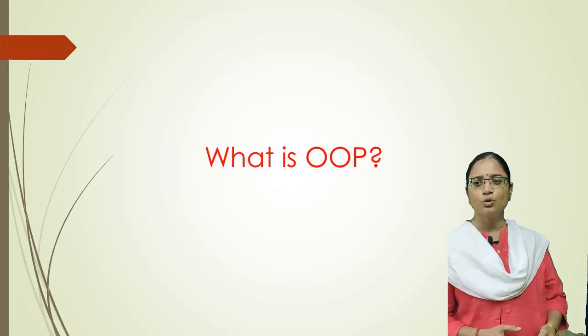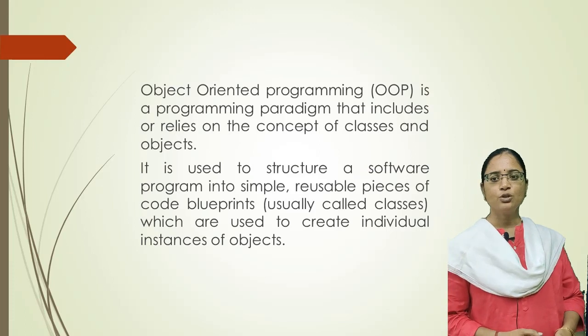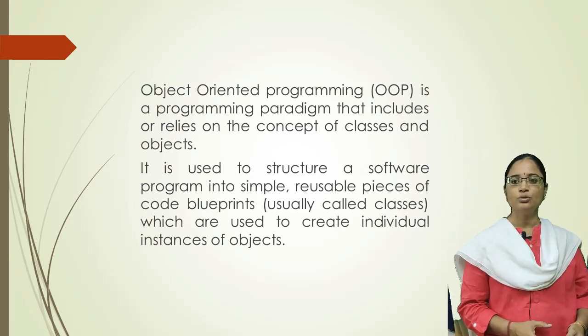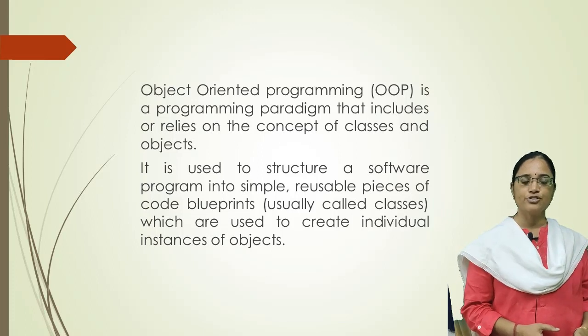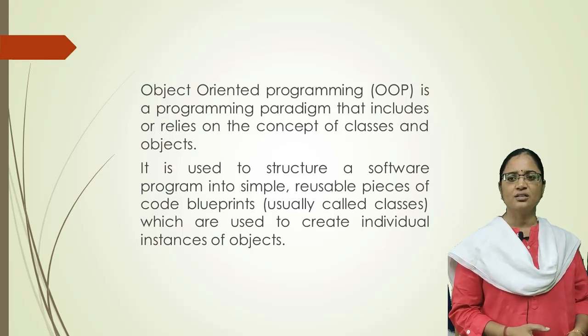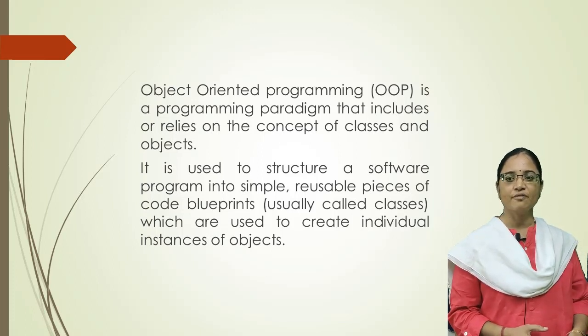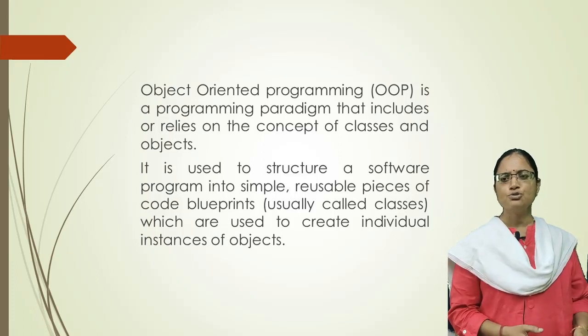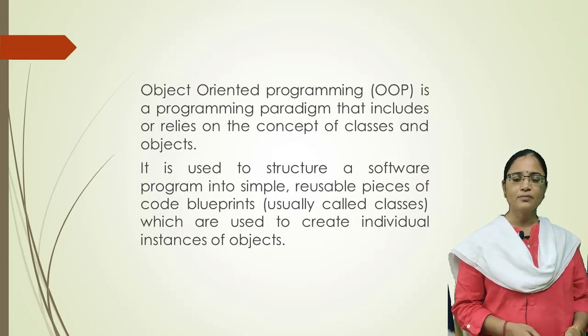What is object-oriented programming? Object-oriented programming is a programming paradigm that relies on the concept of classes and objects. It is used to structure a software program into simple, reusable pieces of code, blueprints, usually called classes, which are used to create individual instances of objects.